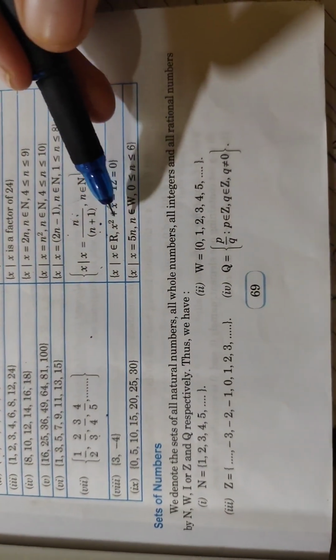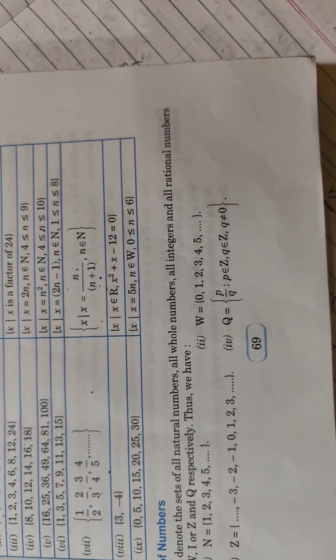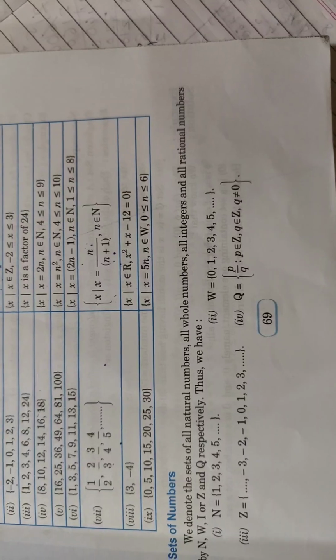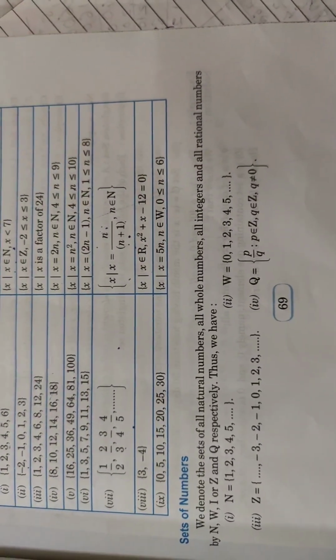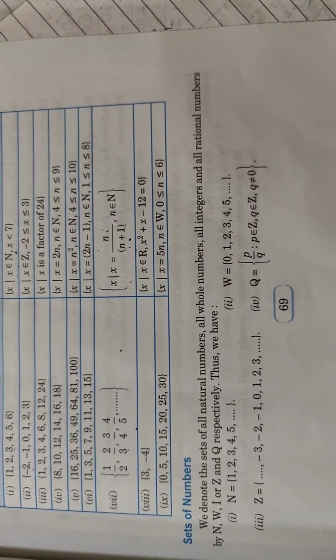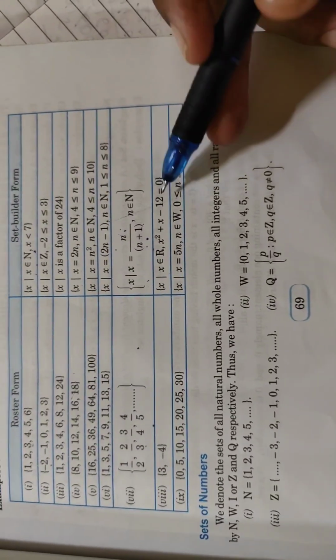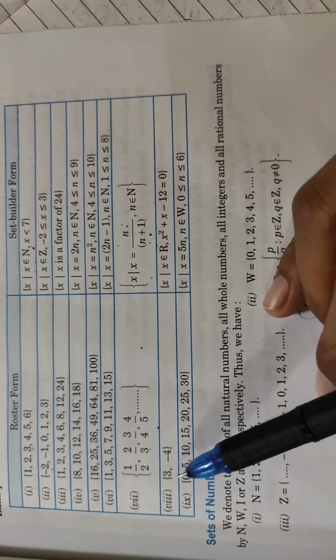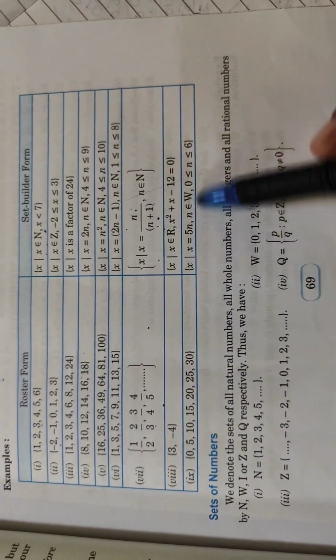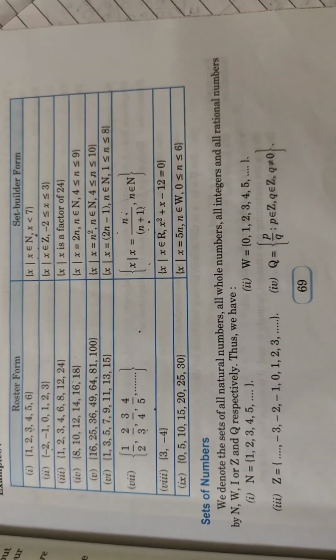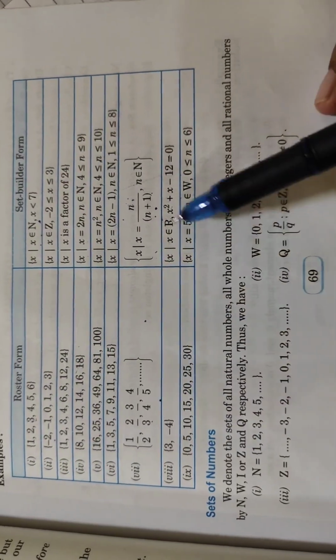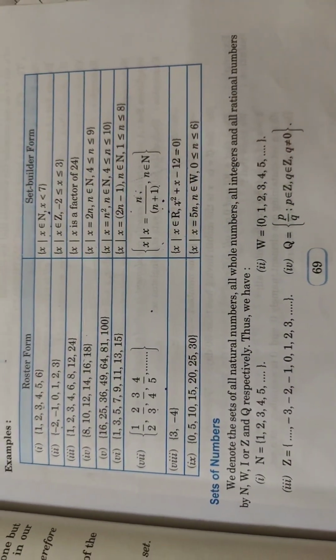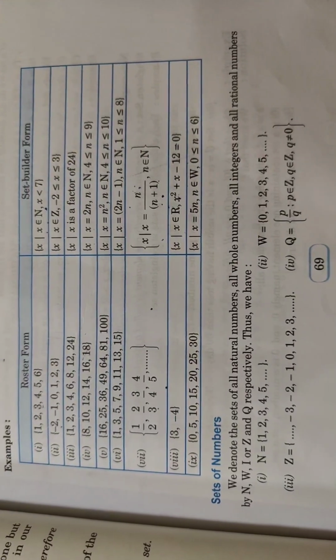So if you take, for example, minus 3, minus 3 square is 9, plus 3 is 12, minus 12 is 0. So after substituting the answer into the equation, the result should be zero. Like minus 4 square will be plus 16, minus 4, 16 minus 4 is 12. 12 minus 12 is 0.